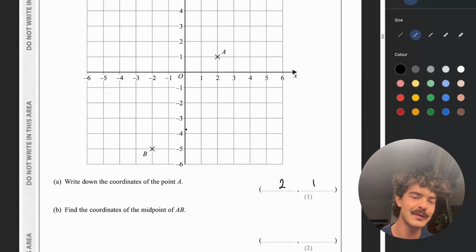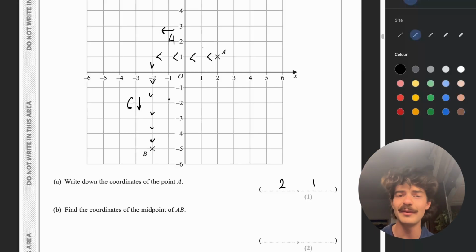For me, the way that I would do it is, we want to find the midpoint of AB, right? And we know that to get from A to B, we're going to the left 4 times, and then we're going down 1, 2, 3, 4, 5, 6. So we've gone left 4, and we've gone down 6. If we want the midpoint, we want half of these.